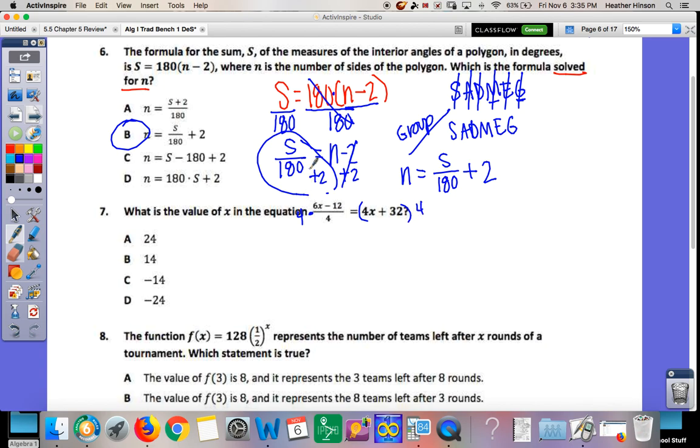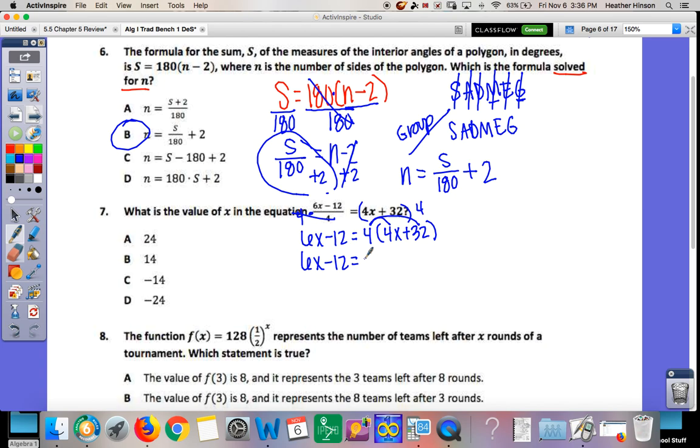Either way works perfectly fine. I'm going to go with this since I already have it written. So if we multiply out that 4, it'll go away. Bring down 6x minus 12. And on this side, we're going to multiply 4 by all of it. That's why I put it in parentheses. You're not just multiplying by 4 or 32. You're multiplying by the whole thing, which means we have to distribute.